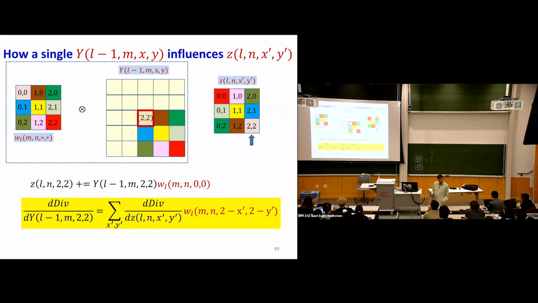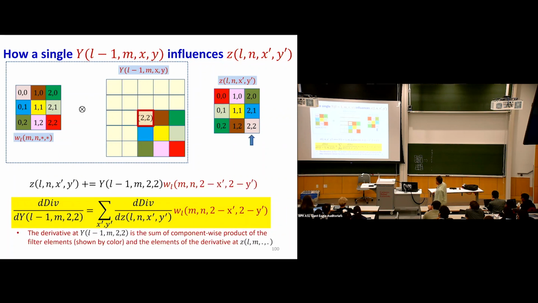And where did you position the filter? This filter was positioned at 2, 2. See this? I'm computing the derivative at Y22. So in order to do this, I flip the filter both ways and position the top left corner at Z22. You see what's happening here? And then just took an inner product.